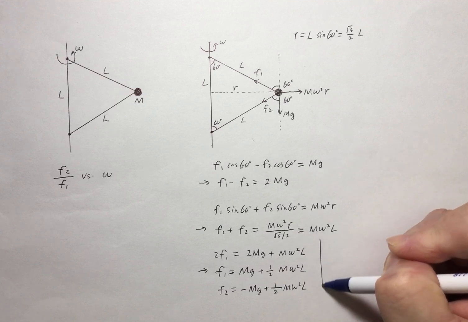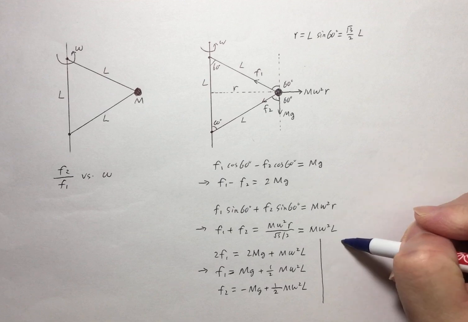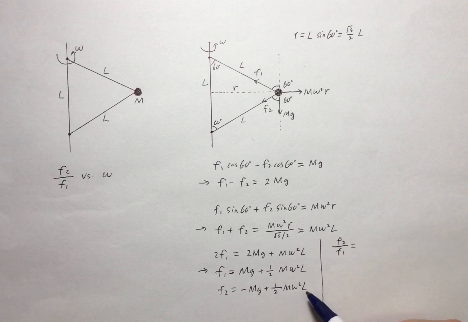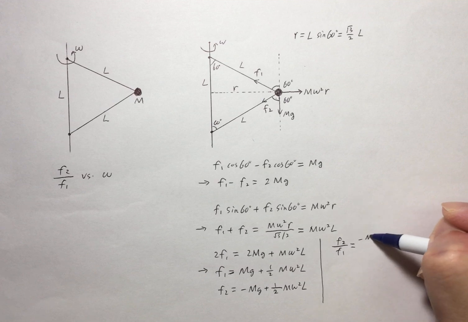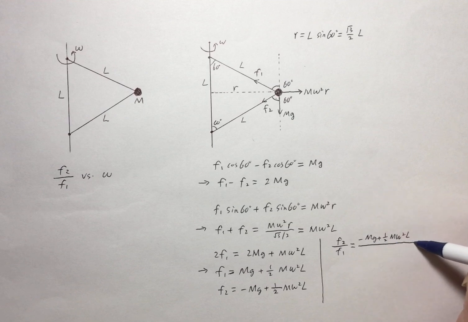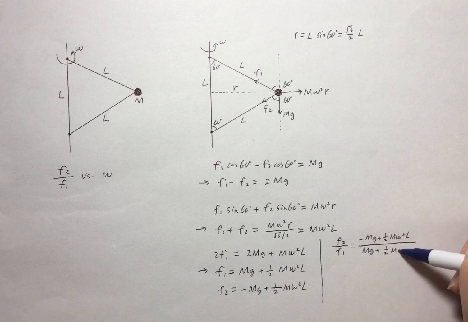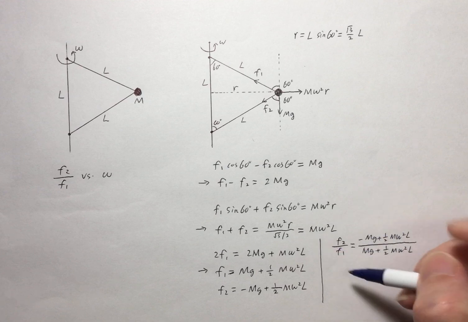Now we want to find out the ratio of F2 to F1. So F2 over F1 is, we plug this here, minus mg plus half m omega square L, over F1, which is mg plus half m omega square L. So we can eliminate all m, and we move this term to the left.